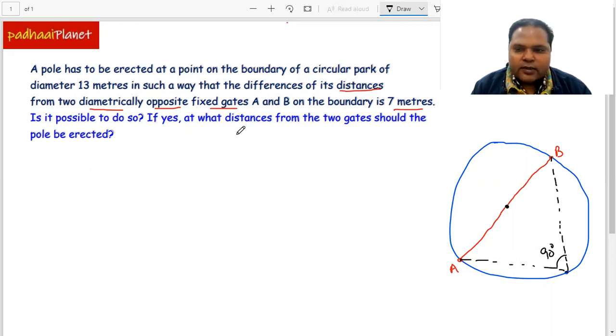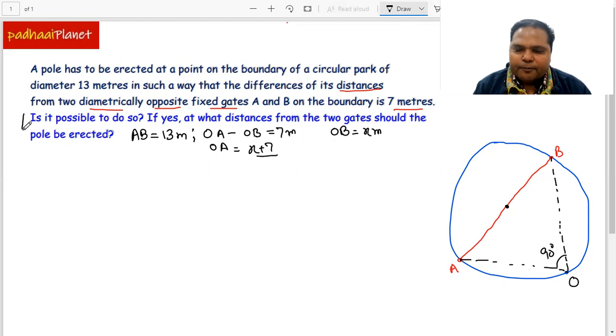Now suppose this is the point O. What the question says is that AB is equal to 13 meters, and it also says that OA minus OB is equal to 7 meters, right? And suppose we are considering OB as x meters, then that means OA would be x plus 7, right?